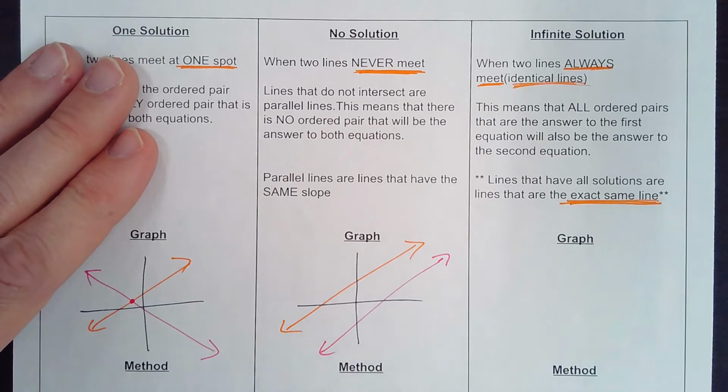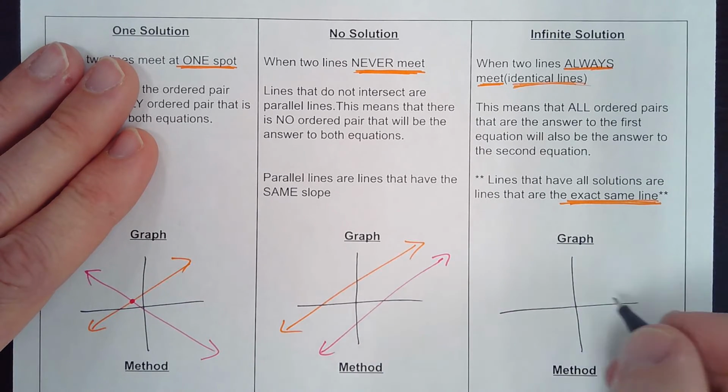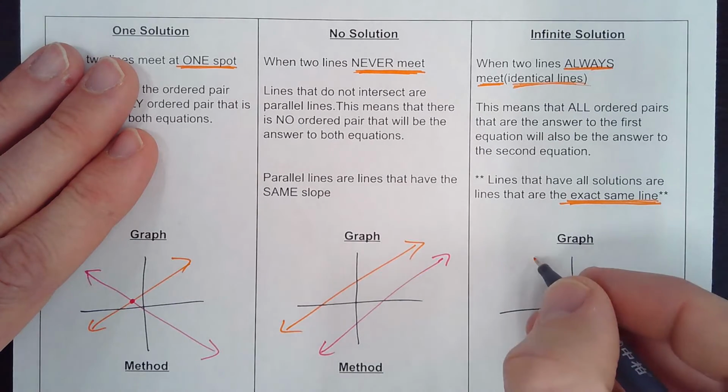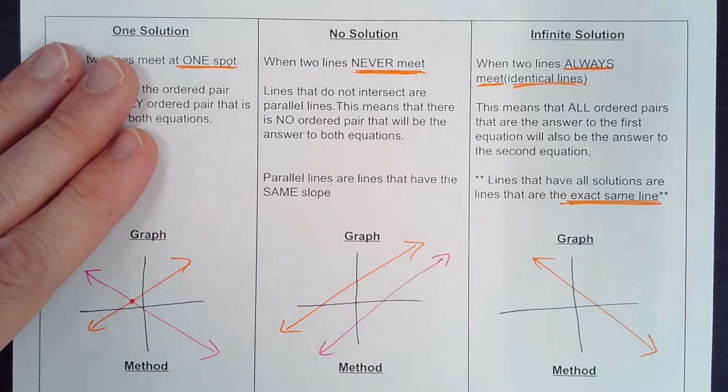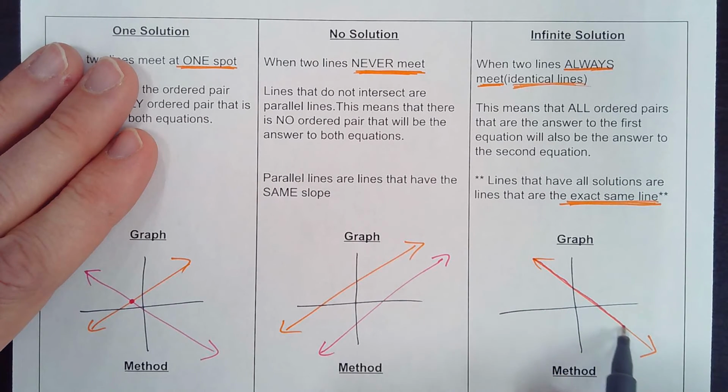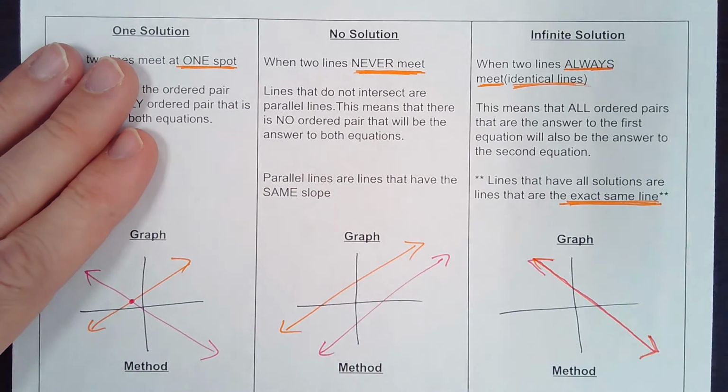You're graphing your lines. Your first one goes like this, and then you go to graph your second one, and you find it's the same thing. It's the same exact line.